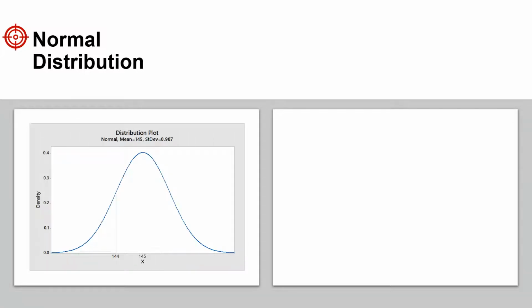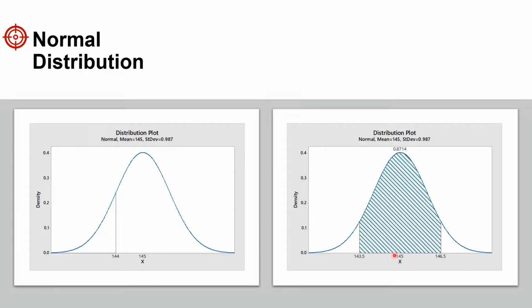The normal distribution uses a continuous curve to describe probabilities rather than focusing on the probability of any individual value, such as a phone weight of exactly 144 grams. We look at the probability that the data will fall in some interval, such as between 143.5 and 146.5 grams.